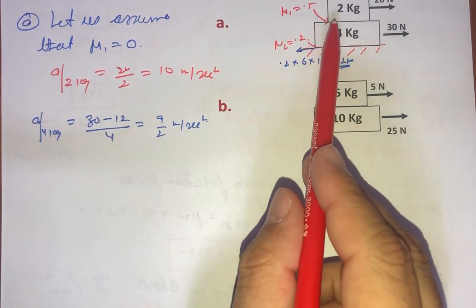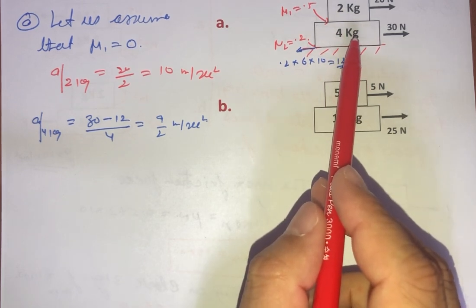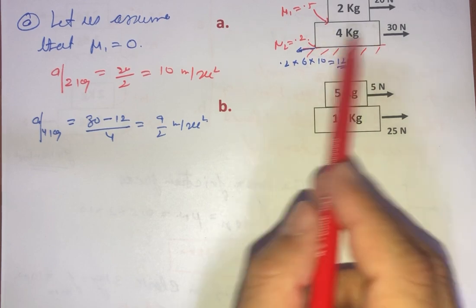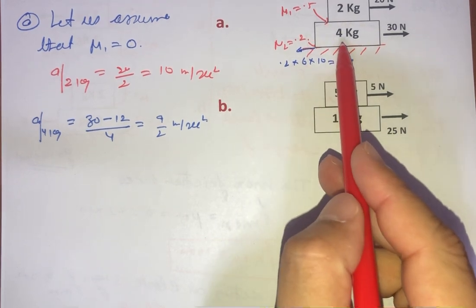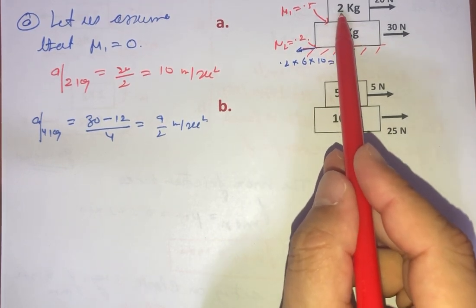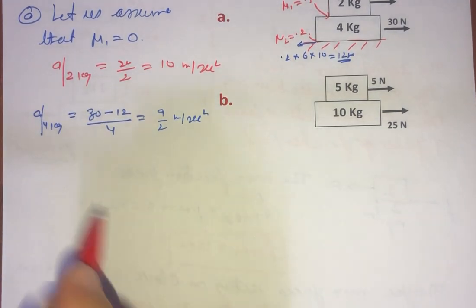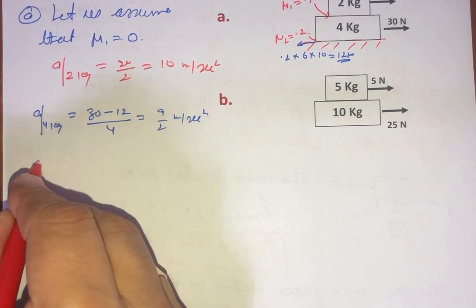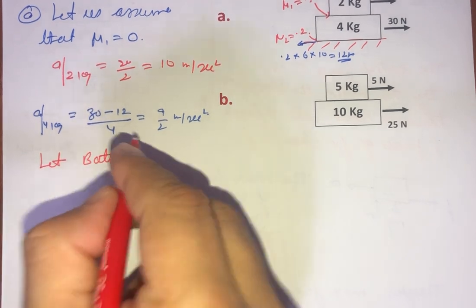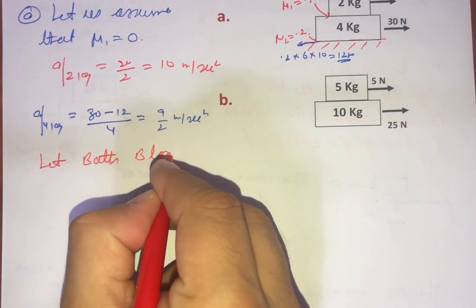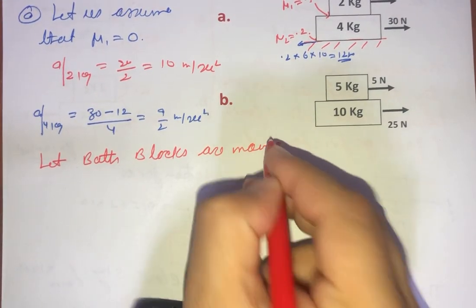So if mu1 is 0, the various forces that will be acting on the 2 kg as well as the 4 kg block, we can define them very easily. So let both blocks be moving together.